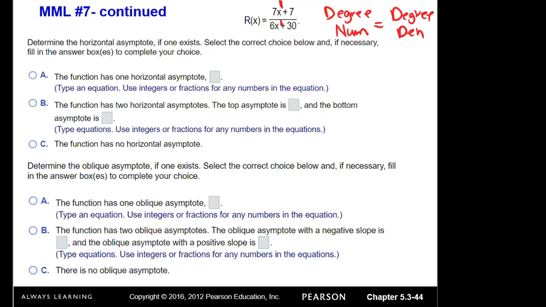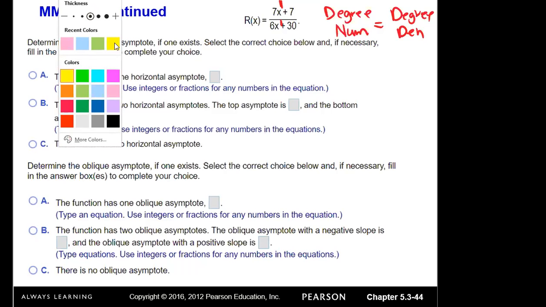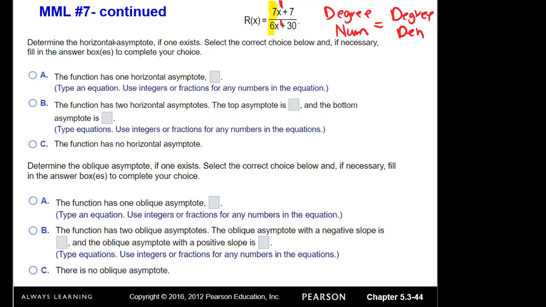My leading coefficients are the 7 and the 6. So the 7/6 is where my horizontal asymptote would be. And it says type an equation. Now this is a horizontal. Horizontal lines go through the y-axis. So this will be y equals 7/6.